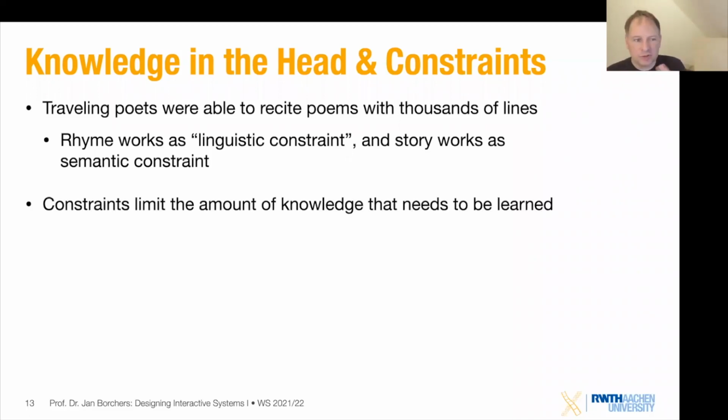So we can say, in short, constraints, which I was selling to you as the evil twin brother of affordances, right? Constraints are actually good, right? Because they really limit the amount of knowledge that you need to learn and keep around in your head. They are barriers to keep you from falling off the good path and making mistakes.